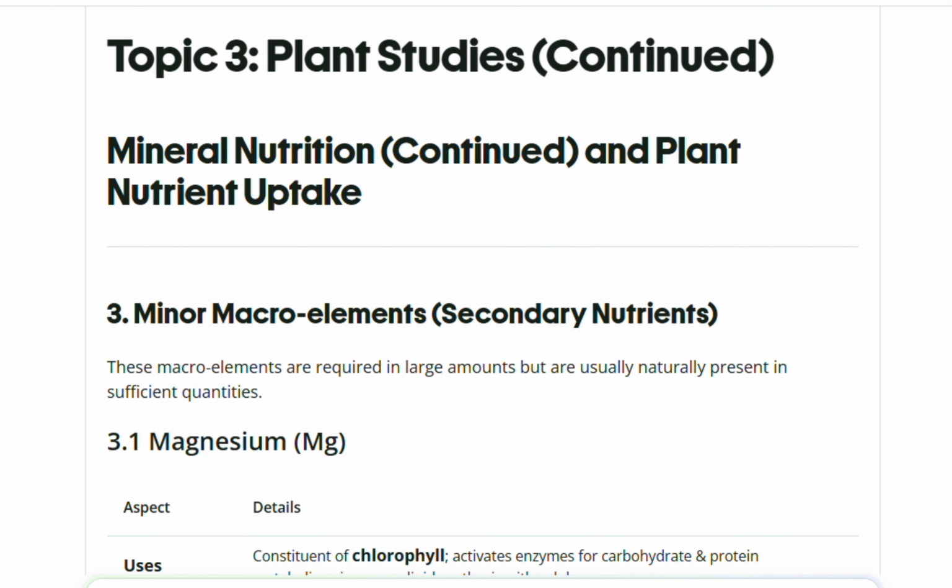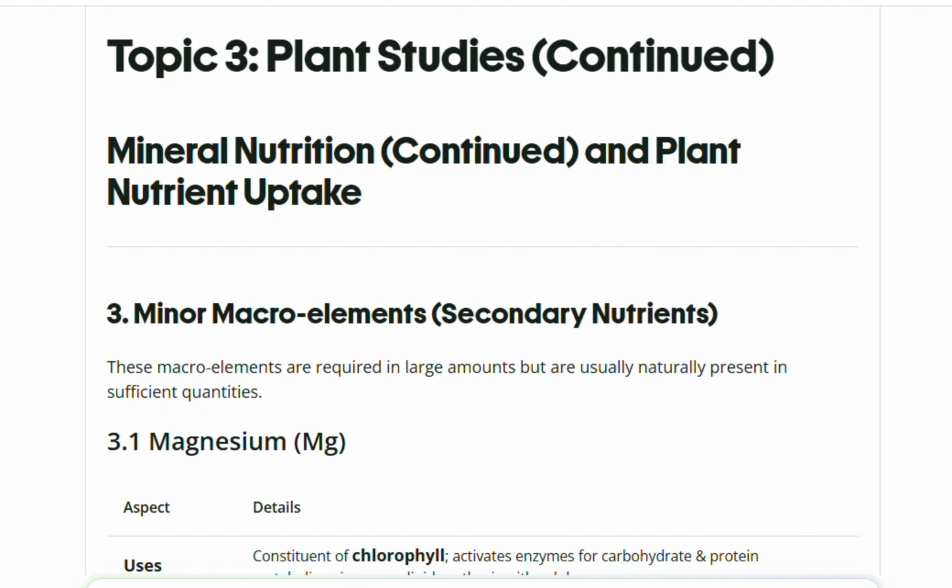Let's look at magnesium. Magnesium is a constituent of chlorophyll, and it activates enzymes for carbohydrate and protein metabolism.